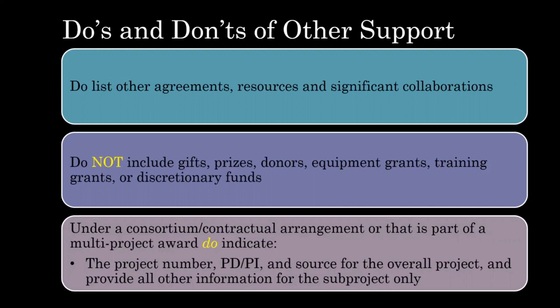So for instance, if my PI has a grant with, say, another university, I would list the source as the university's name / the prime institution. So for example, University of Cincinnati / NIH NINDS could be the prime.